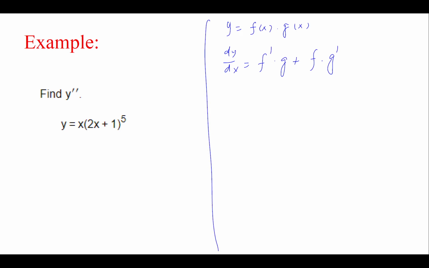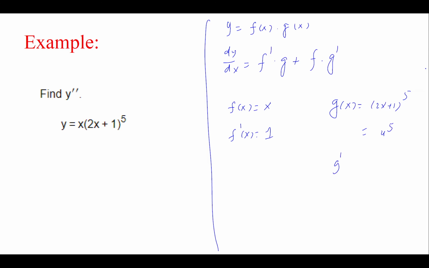So in this case we can assume that the second function here is g of x. To find the derivative of that, we can use the chain rule. The first function is not a problem, it's just x, so its derivative is just 1. The second function g of x is 2x plus 1 to the power 5. For finding its derivative, we can treat this as u to the power 5.